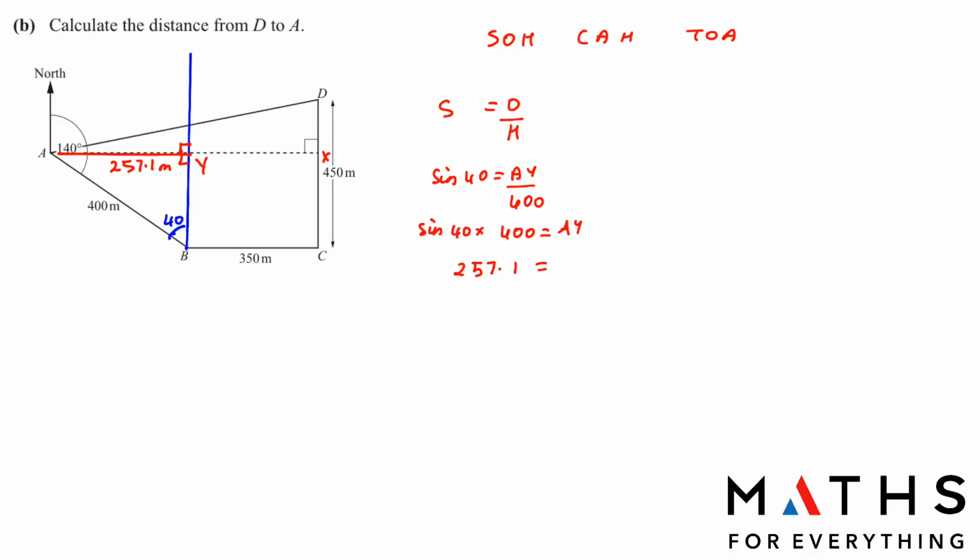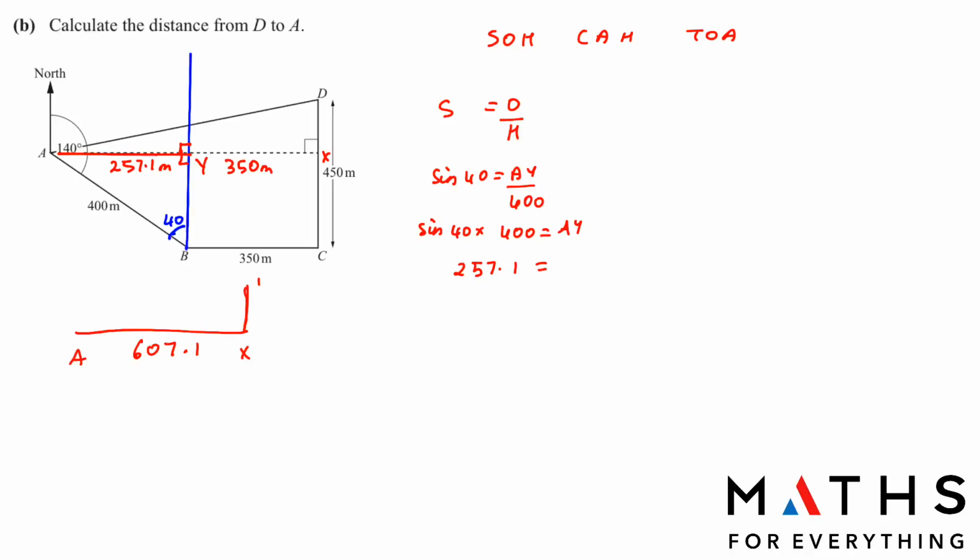Now we need to find this side here. How will we find that? It's 350, we have been given that. So this is 350 meters. We found AX. It is 350 plus 257.1, that is 607.1.